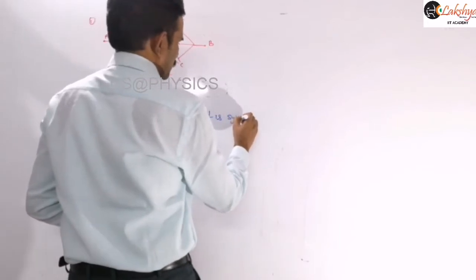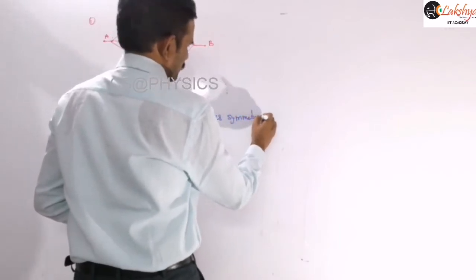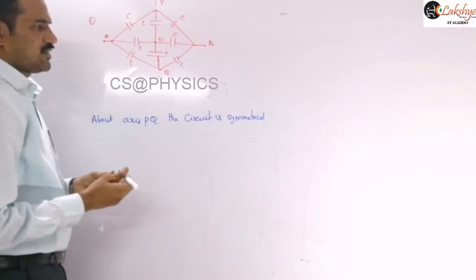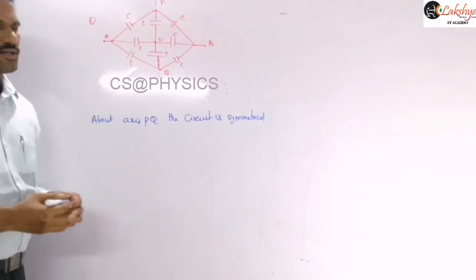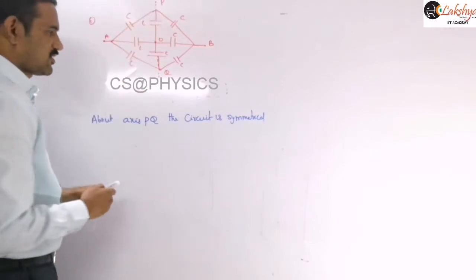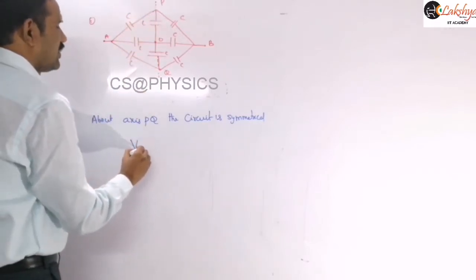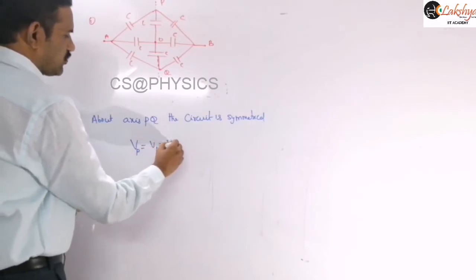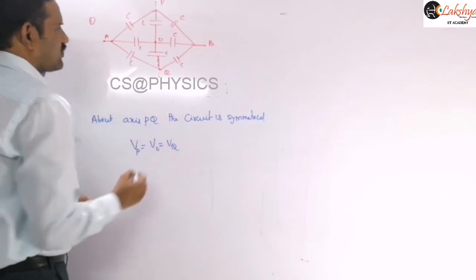Now it is a perpendicular symmetry, as we know, and perpendicular symmetry means all those points will be at the same potential. Therefore we can write Vp = V0 = Vq.